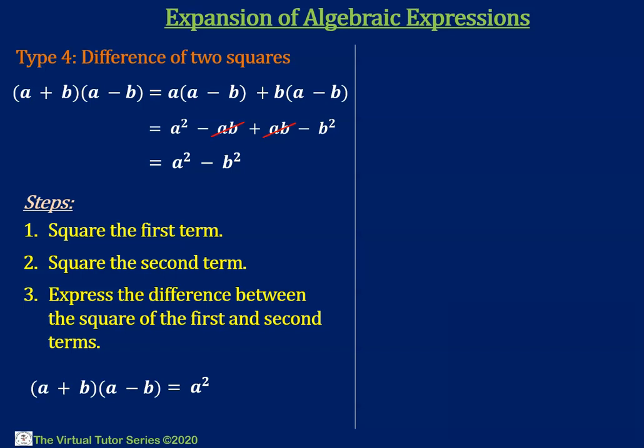That is b squared. And the third step is to express the difference between a squared and b squared. So this expression is the same as this expression.